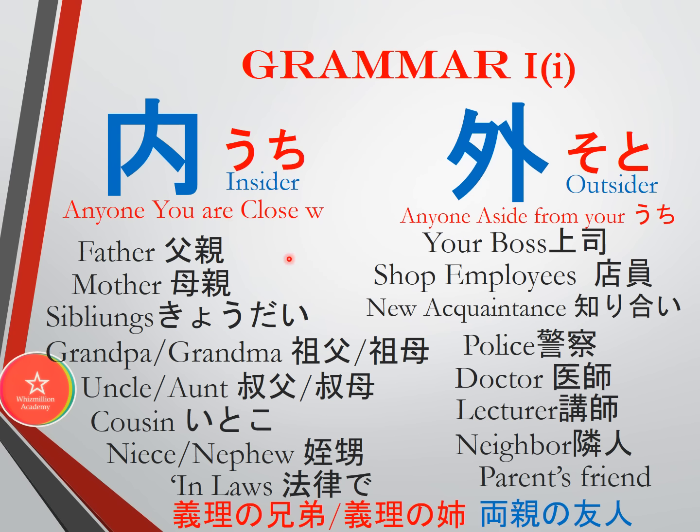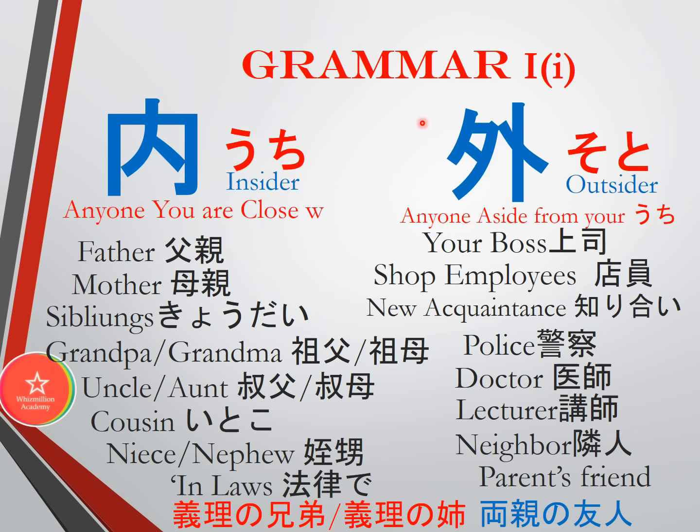So let's begin with one example. I'm talking about my grandmother, somebody insider. When I'm talking about my grandmother to my boss, I'm not allowed to use keigo, even though my grandmother is more senior than me. On the other hand, if I'm talking about my boss to my grandmother, I tell my grandma my boss is 50 years old, for example.